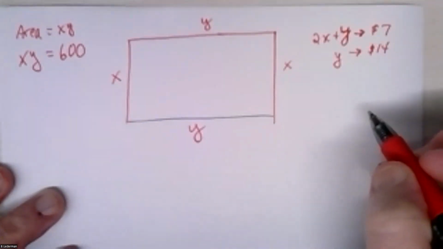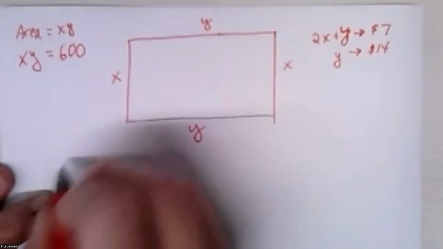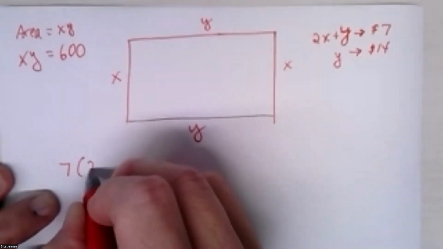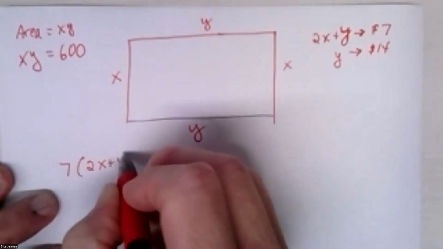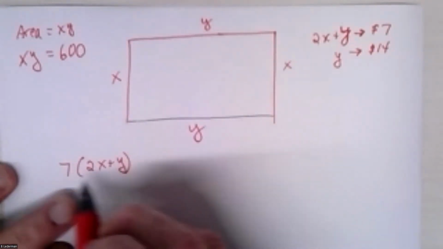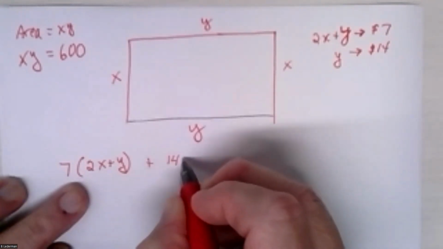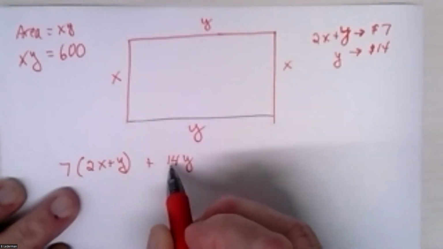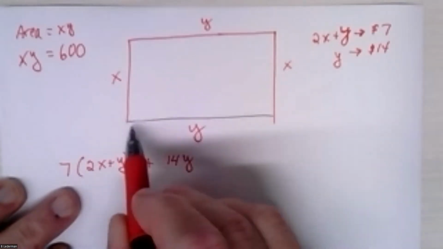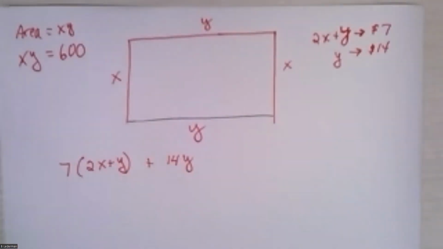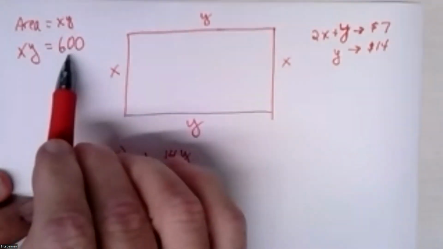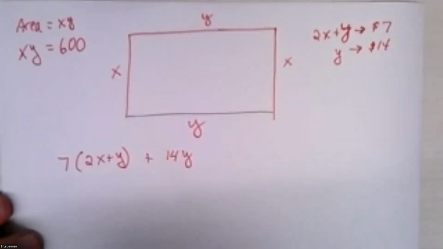In equation form, that means 7 times (2x plus y), meaning I take $7 per foot times the number of feet, plus 14 times y, which is $14 times the length of this wall. That's not necessarily equal to a constant like 600.